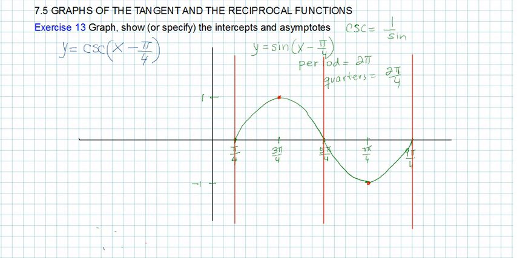And right there. And just draw. Remember, you approach the asymptotes, but don't touch them. So the curves in red are your cosecant of x minus pi over 4.